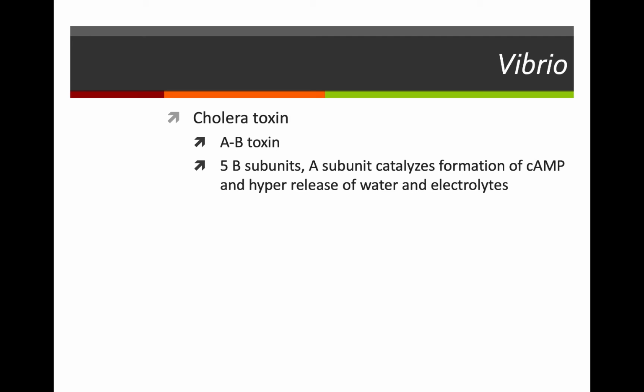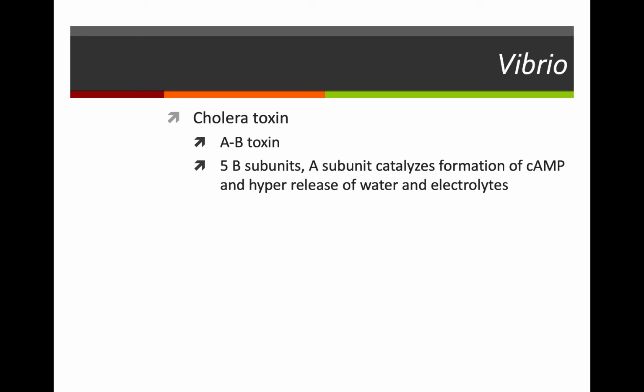The cholera toxin is an example of an AB toxin. There are 5 B subunits that bind to the host cell. The A subunit, instead of interfering with protein synthesis like we've been talking about with the Shiga toxin, with diphtheria toxin, in this case, the A subunit gets into the host cell and it leads to the formation of cyclic AMP.